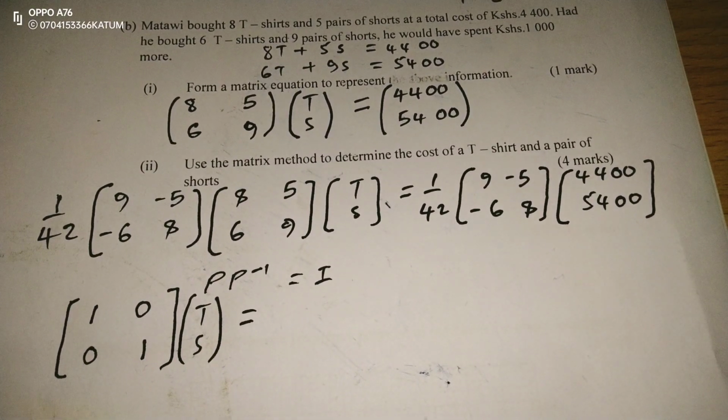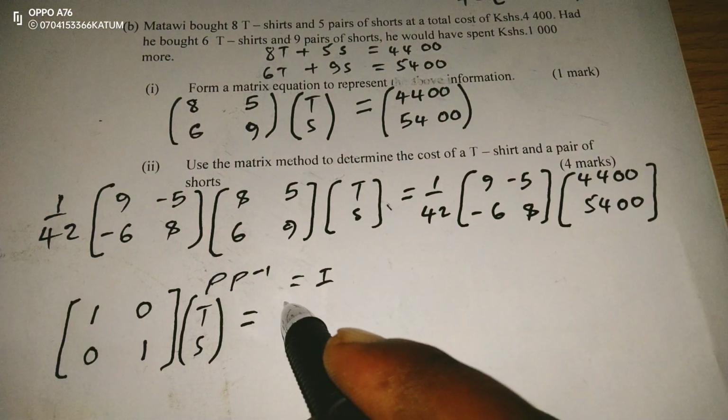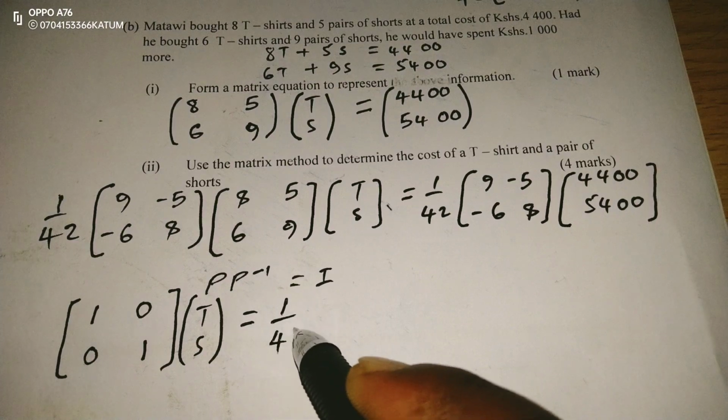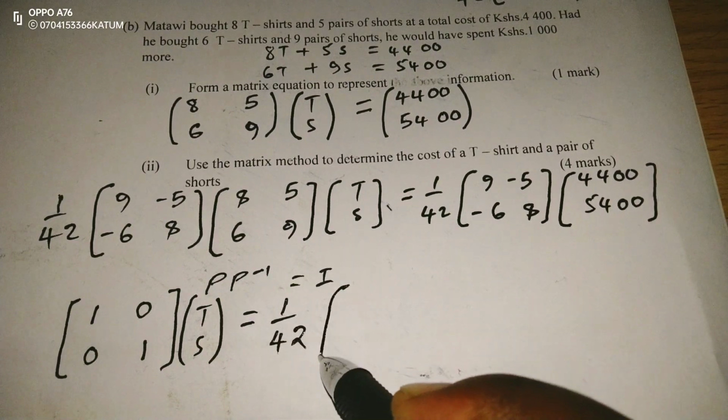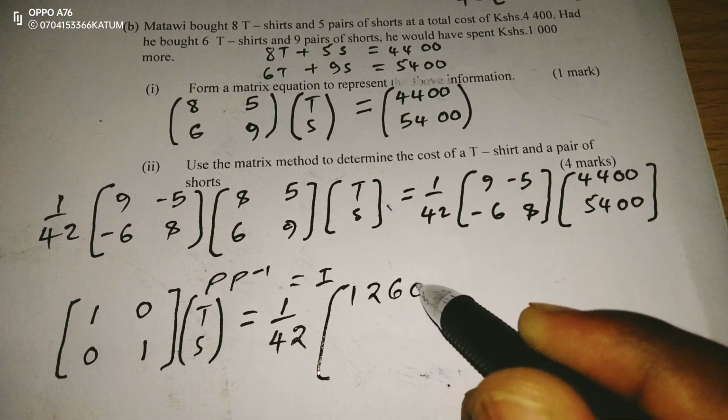Let me use my calculator now to have 9 and 4400, then I add negative 5 with 5400. We already have 1 over 42 outside this. So we're going to have 12600.